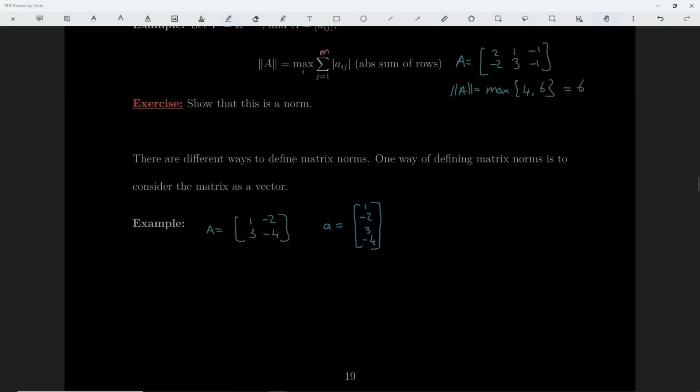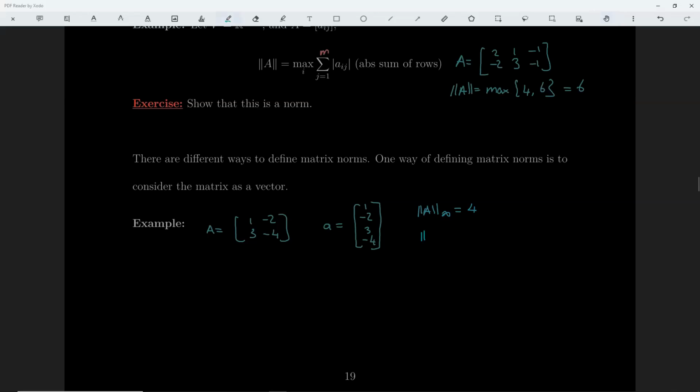Now that I put that into a vector, I have the infinity norm, L1 norm, L2 norm, LP norm, etc. I can use all these definitions to define the norm of matrix A. If I do that, for example, the infinity norm of that matrix is going to be the maximum of the absolute values of these entries, so it is equal to 4.